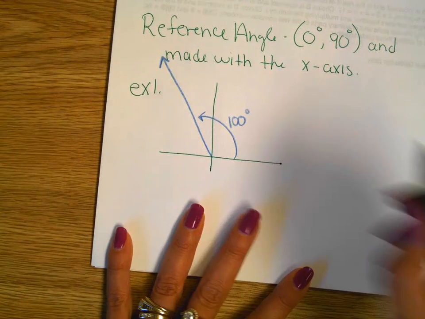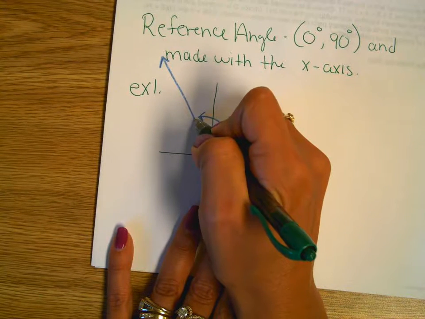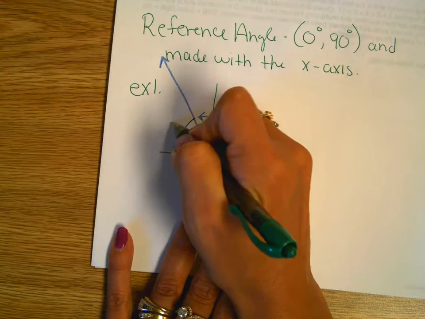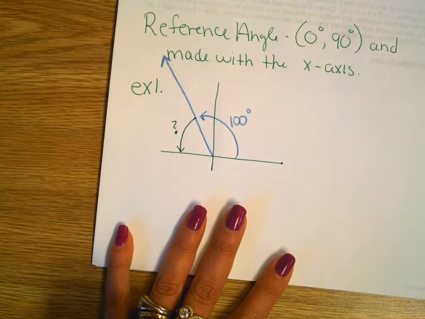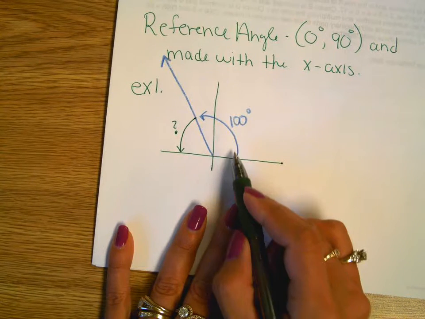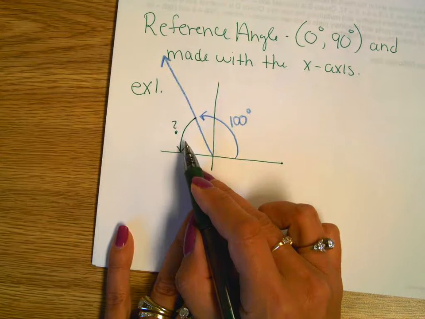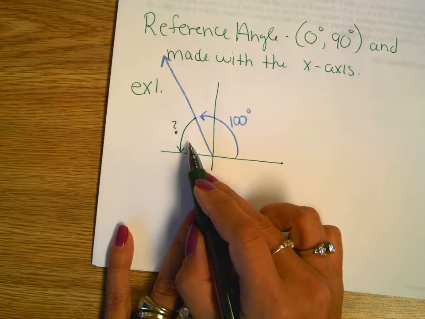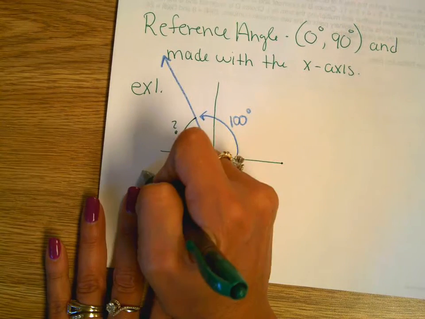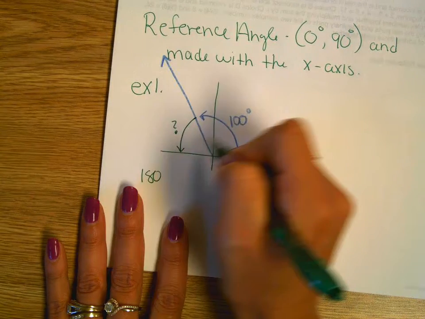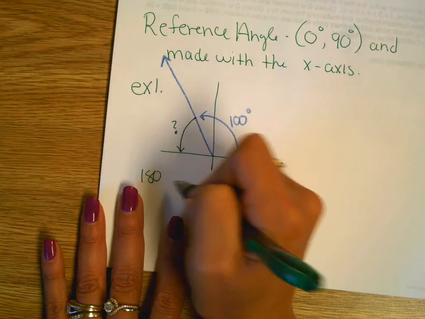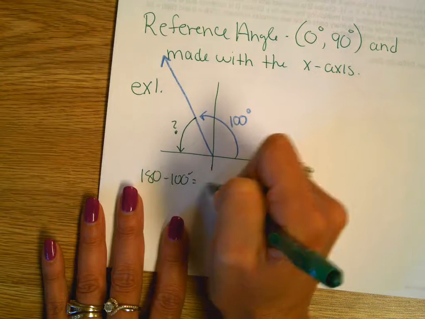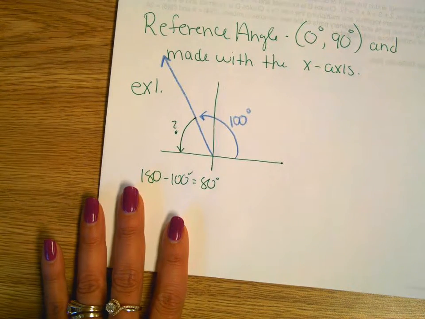So we are looking from the terminal ray to the x-axis. How do we figure that angle measure out? Yes, 180 minus the rotation. So what is this reference angle? 80 degrees. Very good. The process is 180, because that's what the two angles would add up to together, but I want to take off the 100 that's out there. And we get 80.